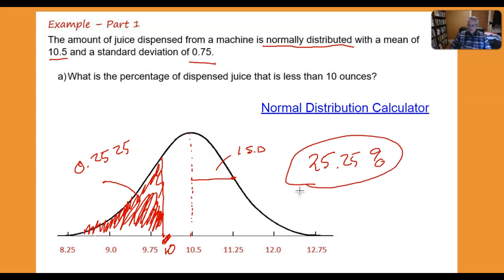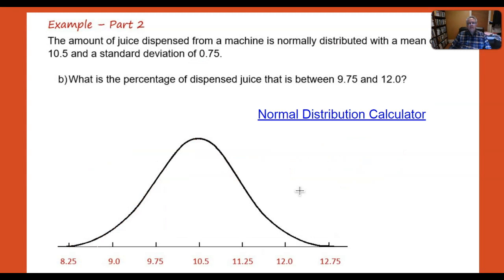This is the same example. We have a machine that's dispensing juice for us. Same mean and same standard deviation, same normal curve. We're just going to answer a different question. This time, we want to know what is the percentage of time the dispensed juice is between 9.75 and 12.0. 9.75 is right here, and 12.0 is right here.